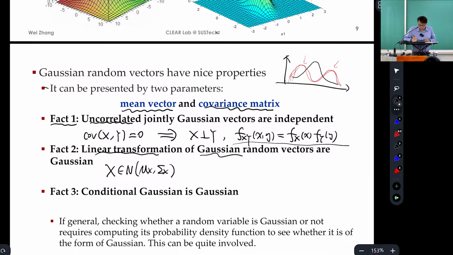Okay. Then I would say there's another number, let's say 2x plus b is a linear transformation of x, right? 2x plus 3, let's say that. In scalar case. Then I can conclude it is also Gaussian.